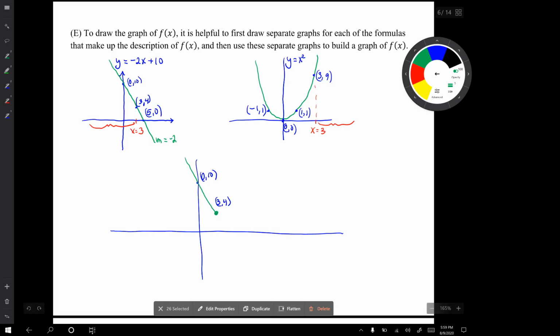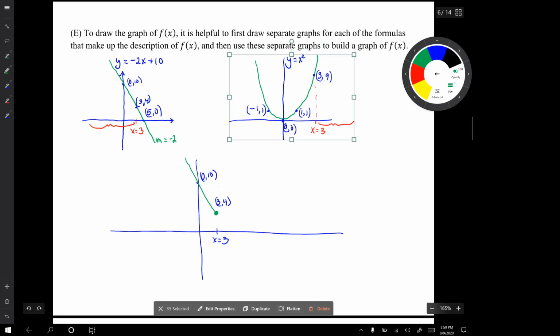Now, that's what happens to the left of x equals 3 and right at x equals 3. To the right of x equals 3, we're supposed to use the right chunk of this graph. So we have to do this carefully. We take a piece of that parabola. It starts way up here at 3, 9, and it's on its way up.